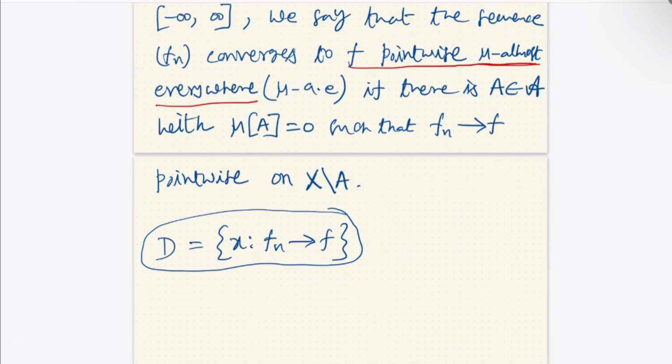F is pointwise mu almost everywhere. That means whatever measure you choose, if there is a subset A with measure of A equal to 0, such that Fn converges to F pointwise on X difference A, then we say mu almost everywhere. So the pointwise definition is extended further, to mu almost everywhere.